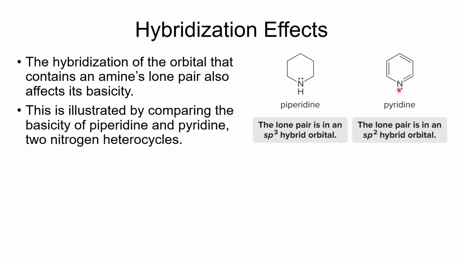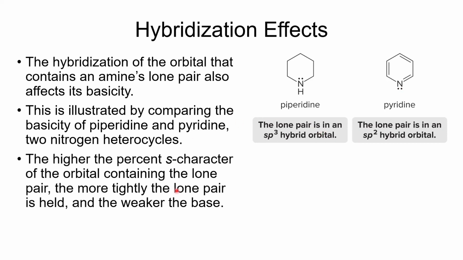In pyridine, as we discussed a few minutes ago, that lone pair of electrons is in an sp2 hybridized orbital. We're going to find that the more s character there is, the less basic that lone pair of electrons is. So the higher the percent s character, the more tightly held that pair of electrons is, and the less basic it is.